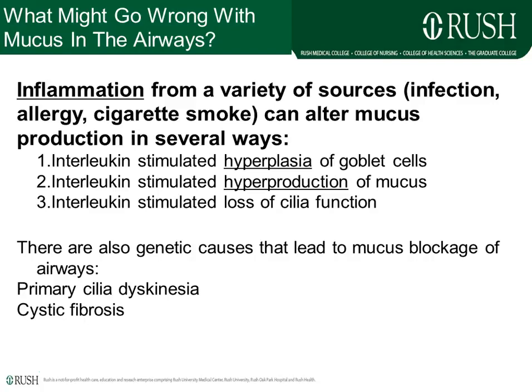Essentially, interleukin comes into play here, and it stimulates either hyperplasia of goblet cells, which means you get too many goblet cells, hyperproduction of mucus in the existing goblet cells, or outright loss of function of the cilia. There are also genetic causes that lead to mucus blockage of the airways, called primary ciliary dyskinesia and cystic fibrosis. We'll take a quick look at all of these.